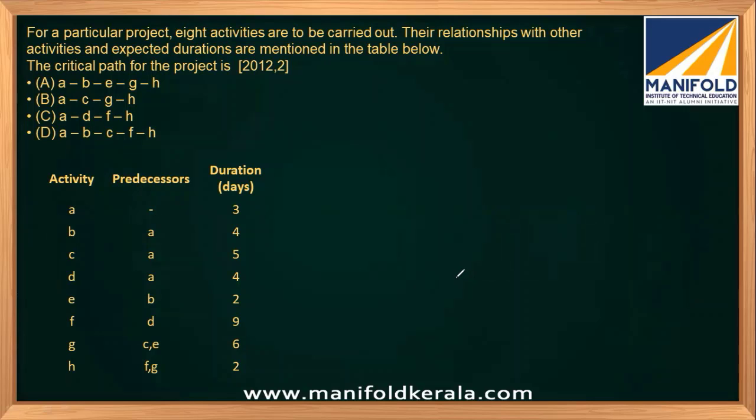So A, B, C, D, E, F, G, H, and the duration is also given. So let's draw the network. I'm starting here.